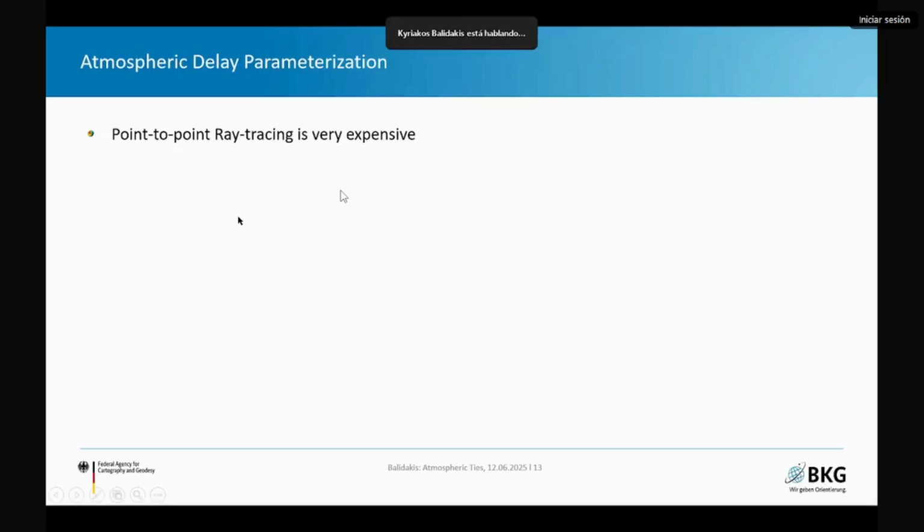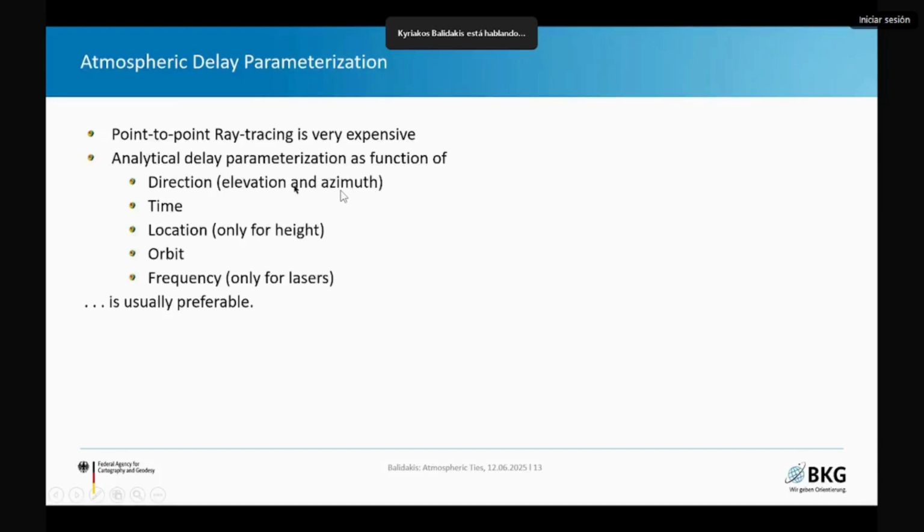Also, this is a very intense procedure, and this is why we use a parameterized version. You can parameterize the delay as a function of direction, and there are empirical models for time, so that you don't need to calculate the delay every hour, but you have annual, semi-annual, diurnal, and semi-diurnal harmonics to describe the delay.